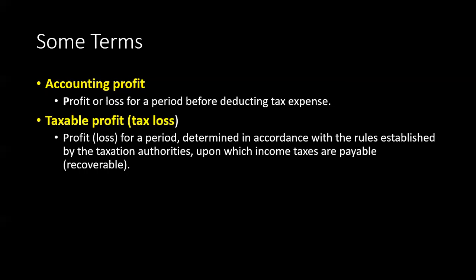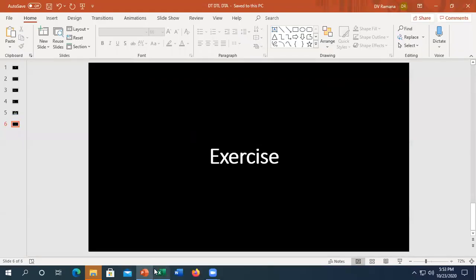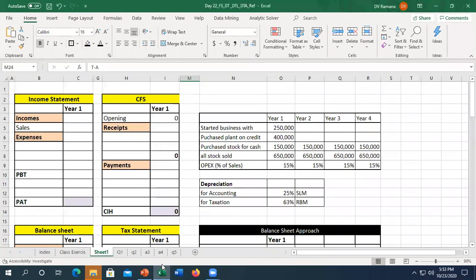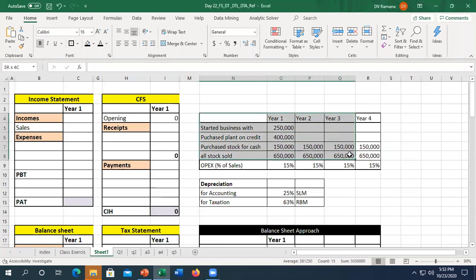And the change in DTL and DTA is called deferred tax expense or deferred tax income. Now let us take a numerical example to see the effect of the temporary differences. For that, I've created a small exercise.